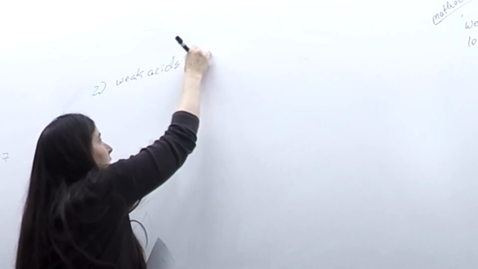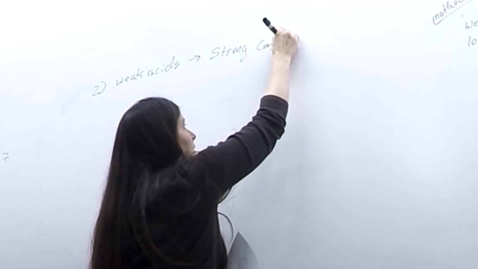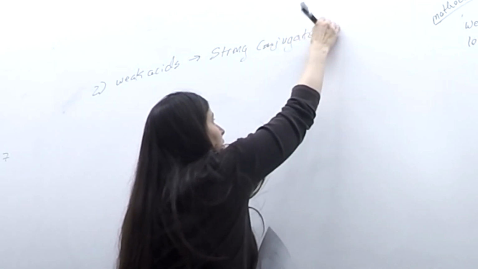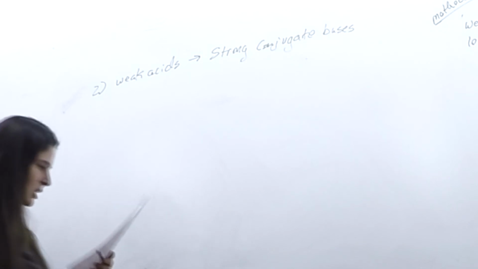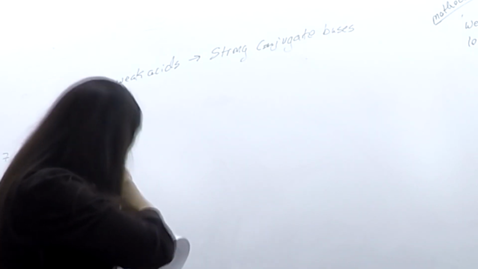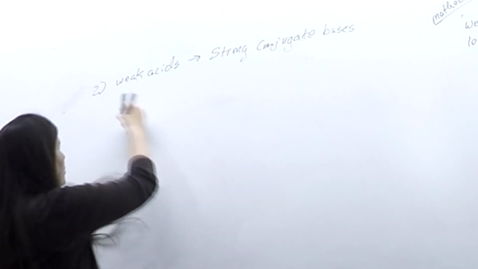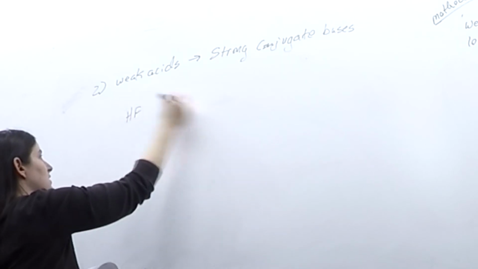So weak acids have strong conjugate bases. Let's think of a weak acid. Oh, here we go. HF.